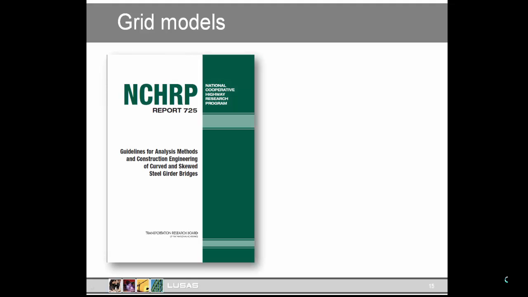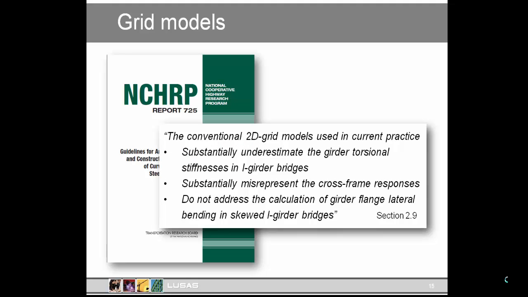The NCHRP Report 725 says that the conventional 2D grid models used in current practice substantially underestimate the girder torsional stiffness in I-girder bridges, substantially misrepresent the cross-frame responses, and do not address the calculation of girder flange lateral bending in skewed I-girder bridges. But for integral bridges, there's a bigger problem with trying to move from those 2D grids or grillages to a 3D version of them.